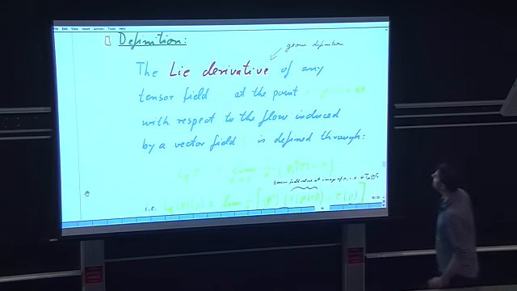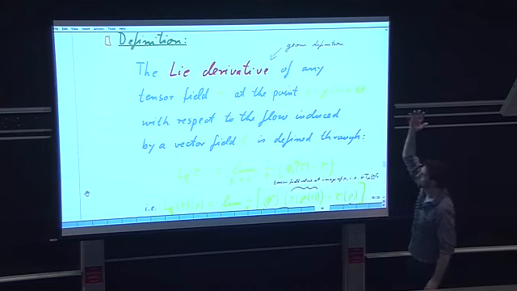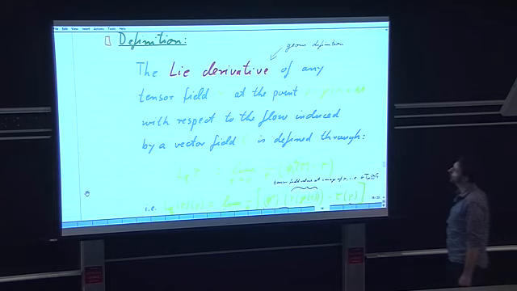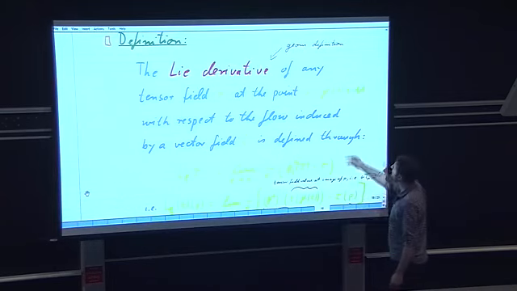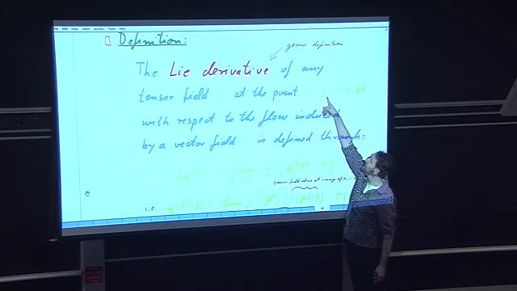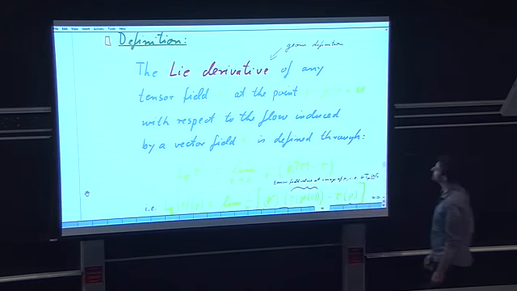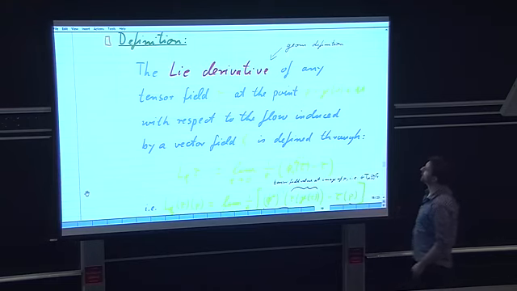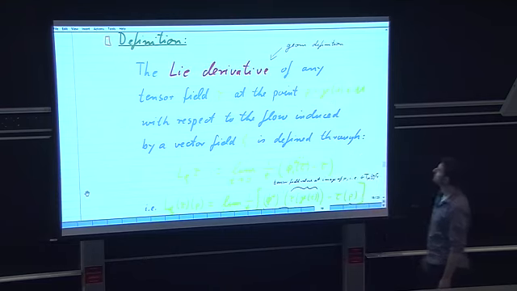You will say that the Lie derivative, according to its geometric, as opposed to the previous algebraic definition, of any arbitrary tensor field tau at a point P of the manifold, which happens to be, by construction, the time equals 0 point of a path that runs through the point P. So we have a vector field, and gamma is one of its integral curves.